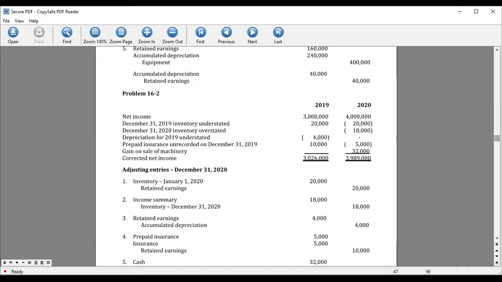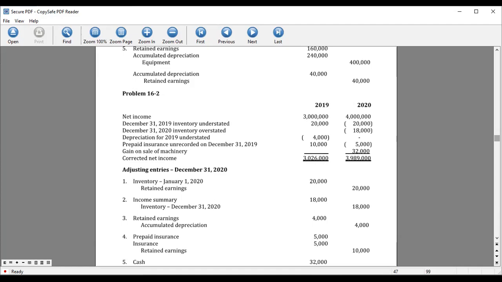So the 10,000 should be added back to net income because expenses for insurance in 2019 was overstated. Now that's by 10,000. Whereas in 2020, insurance expense was no longer recorded so that the net income was overstated. So you have to deduct back.